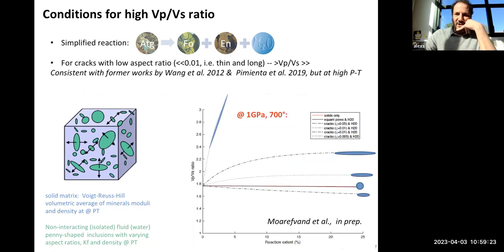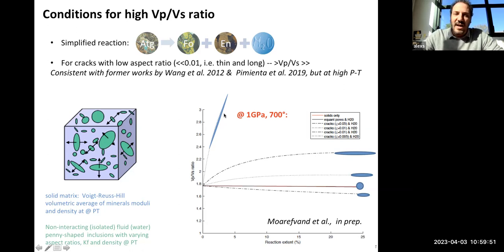And this has an important consequence, because once you've said that, you can predict, although we don't measure it, the VP/VS ratio as a function of reaction extent for a given crack-like inclusion of different aspect ratio. And as the inclusion gets narrower and its aspect ratio gets smaller, you will produce a higher and higher VP/VS ratio.